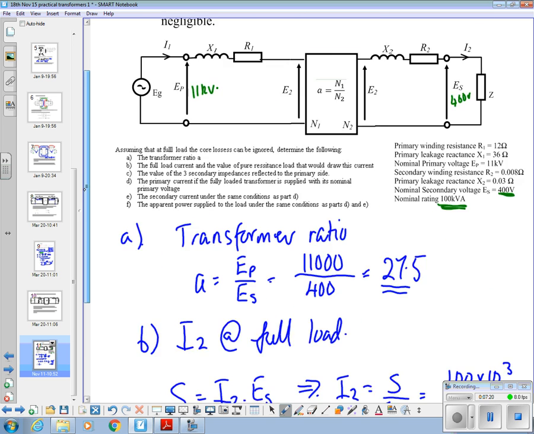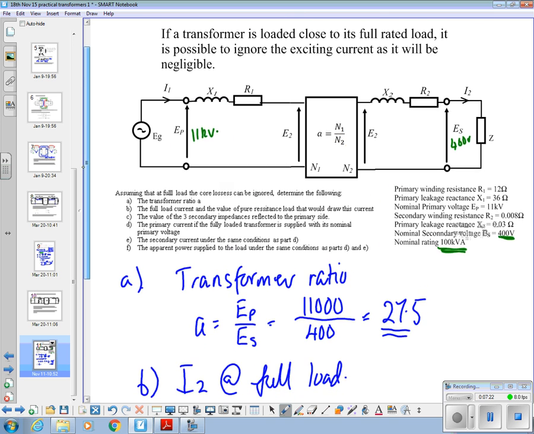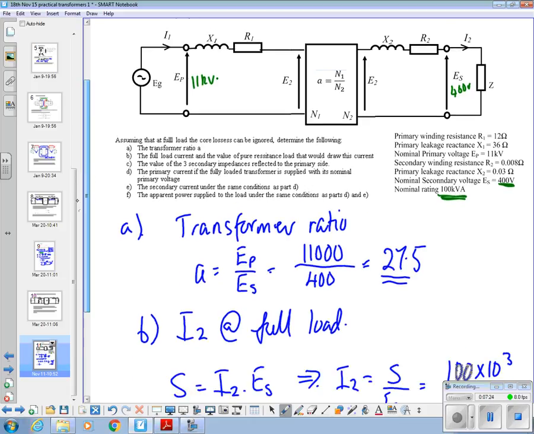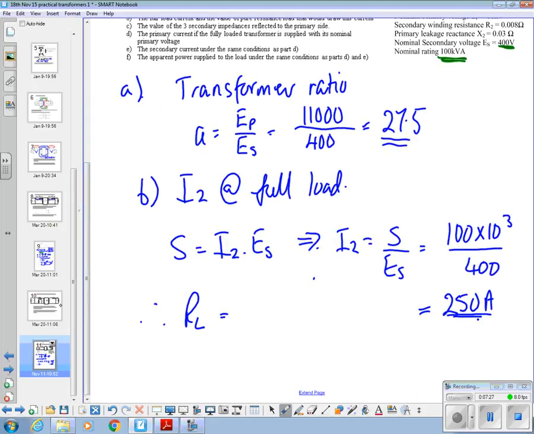Because we're assuming full load, we're assuming nominal here, so that'll be 400, won't it? So that's ES over IL, 400 over 250, equals 1.6 ohms.